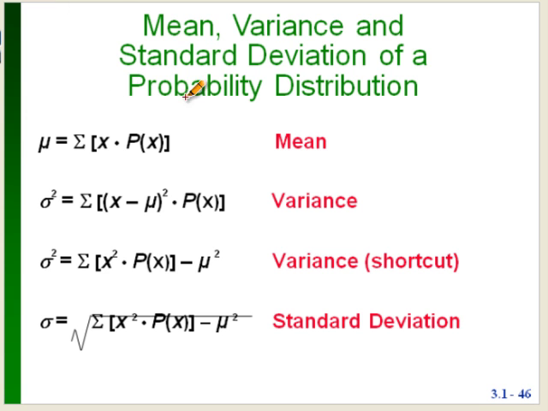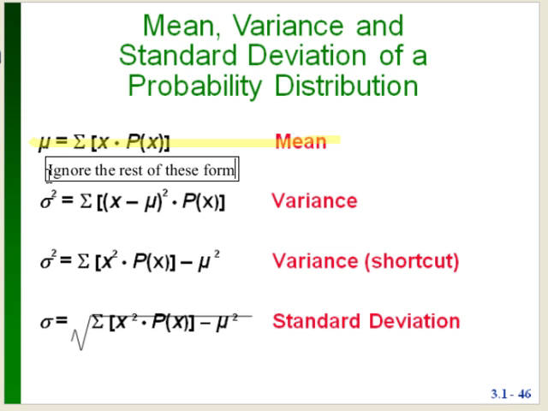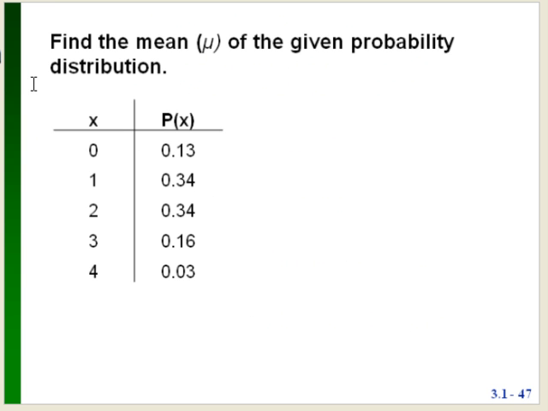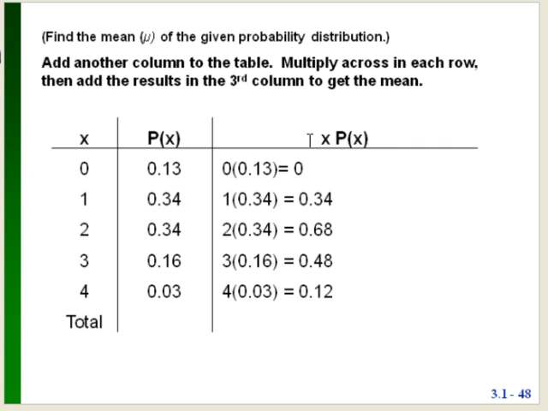Now, some formulas that we'll use with probability distributions, though truthfully we're only going to use this one, so you can ignore the rest of these formulas. So we are going to use the one for the mean, and it's actually not that hard. The easiest way to do this is by using a table. If you already have your probability distribution in a table form like this one, then to find the mean, what you're going to do is add another column.